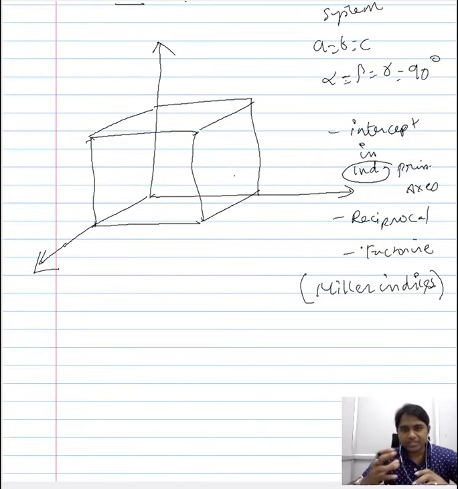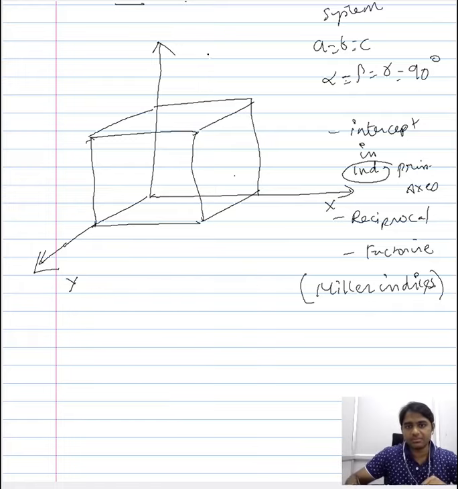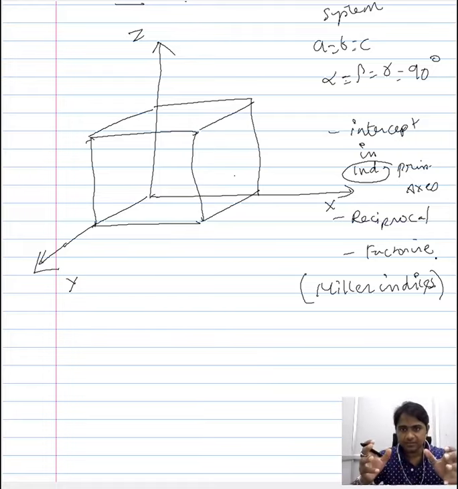Now let us continue and see how one can describe a direction within the unit cell. So we have our x-axis here, we have our y-axis here, we have our z-axis here. By the end of the previous lecture we saw that it is possible for us to identify equivalent planes or a family of planes. So you can fix the Miller indices and play around with the frames of reference and the origin, and you would see that for a given set of Miller indices you could arrive at different planes.